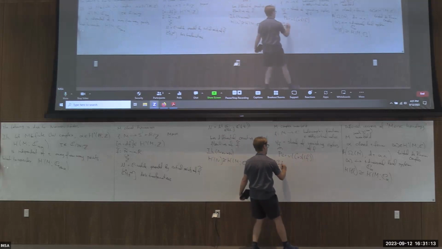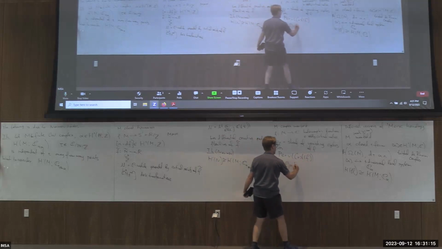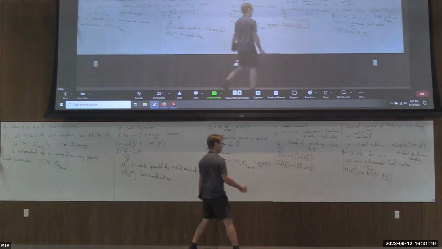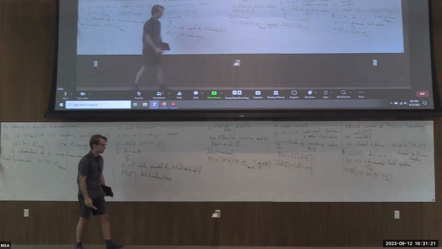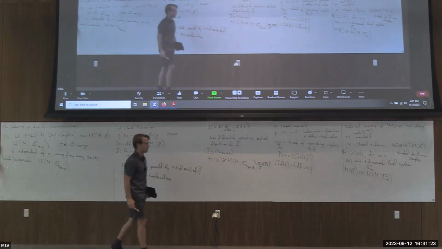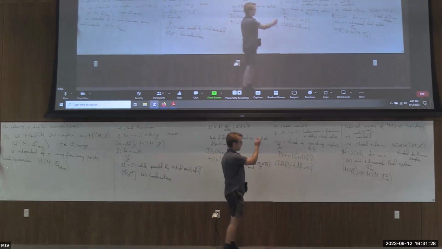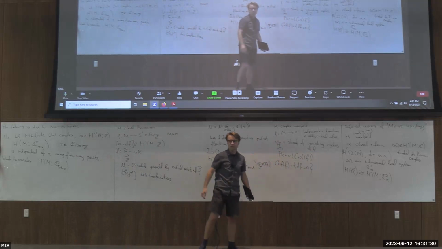The critical locus of F is just the set where the differential vanishes. Okay, so there's this natural sheaf associated. And so how does this sheaf relate to what I was talking about before?